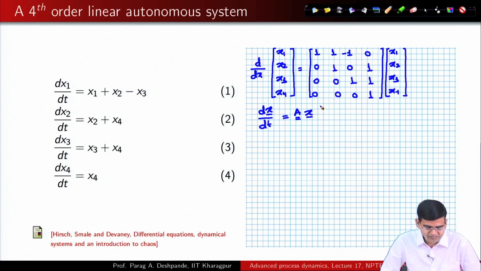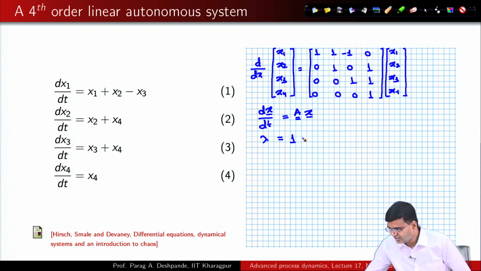these equations involving 4 variables might in general seem to be quite daunting, but it is not as difficult as it looks. So, what do I need to do? The first thing which I need to do is to determine the eigenvalues. So, I have eigenvalues in front of me. In fact, for this particular example, there is only one eigenvalue. Okay. And what are the eigenvectors?